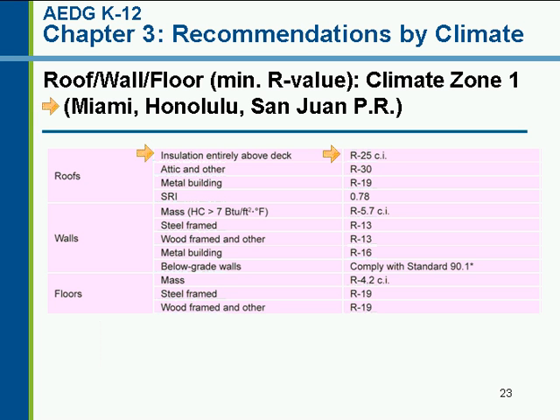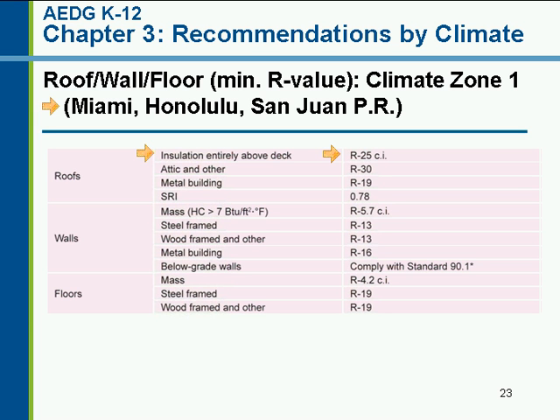Oh, and by the way, as I talk about specific insulation types, I will talk about what are the more common types that are used, but there's not a limitation to that. So when it says R25 continuous, you can use any type of insulation that would get you R25 continuous. The attic insulation can be blown-in fiberglass, but cellulose or any other type of material can be used there also.